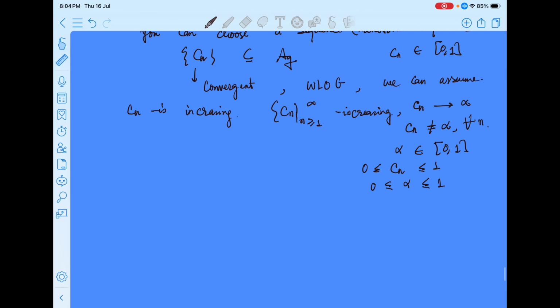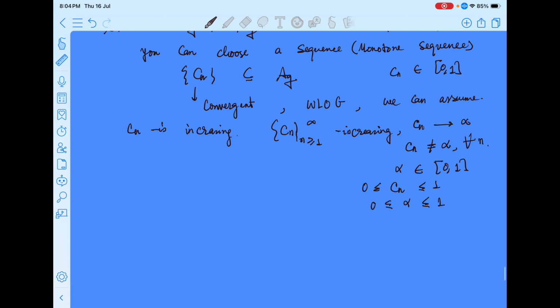Now Cn is a subset of AG, so that means g of Cn equals 0. Then the limit as n tends to infinity of g of Cn equals 0, that will imply g of alpha is 0. So this is by continuity.